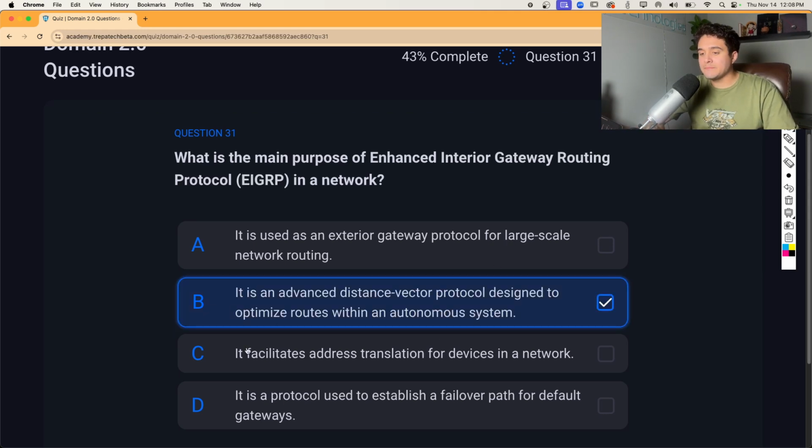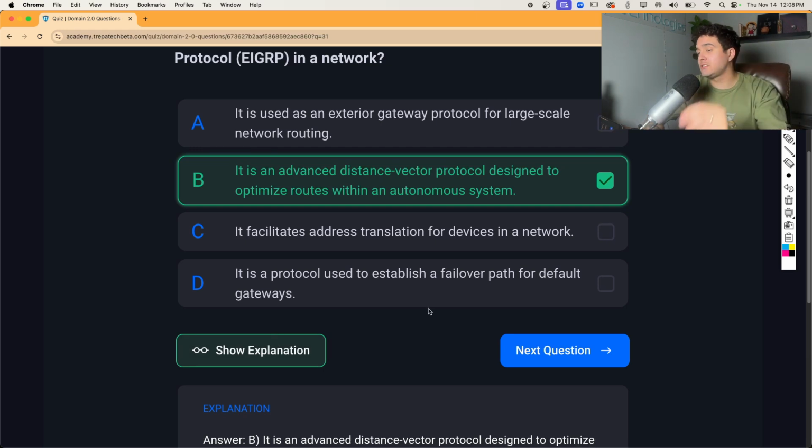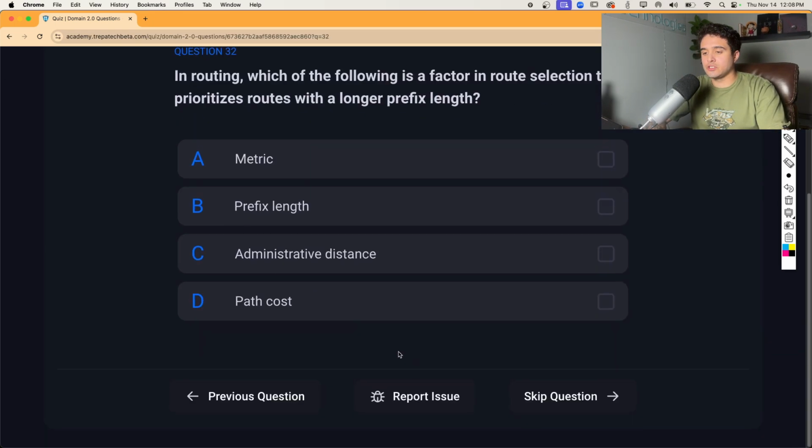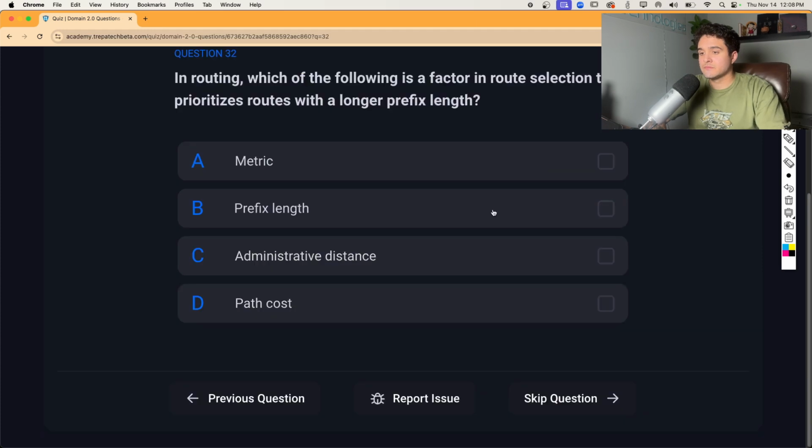So it's going to be B. It is an advanced distance vector protocol designed to optimize routes within an autonomous system. It says advanced distance vector, but hop count doesn't come into play at all. The two main values in its DUAL algorithm are actually bandwidth and delay. Oh, I forgot to show the explanation. Let me go back. Pause the video if you'd like to read the explanation.